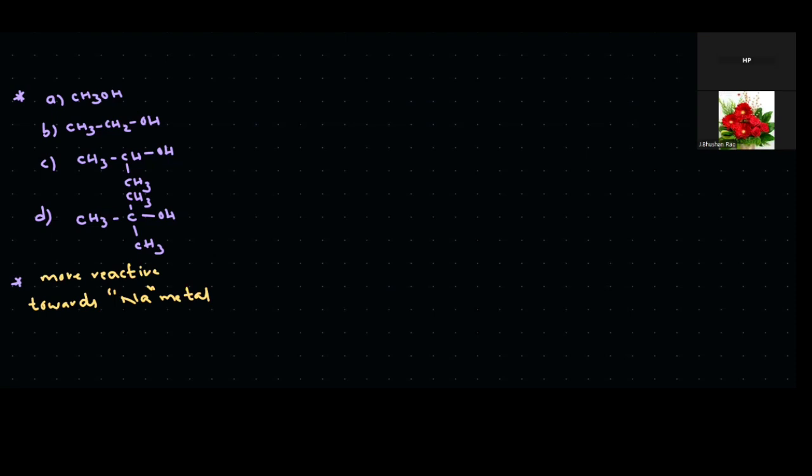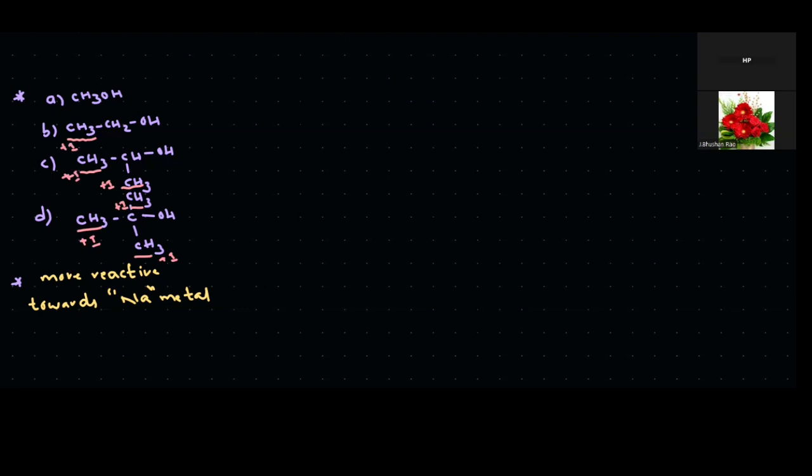Here in the first one, only a hydrogen set, no alkyl group beyond CH3. In the last one, CH3, CH3, CH3, three plus I groups are attached. In the third case, two plus I groups. Here one plus I group.